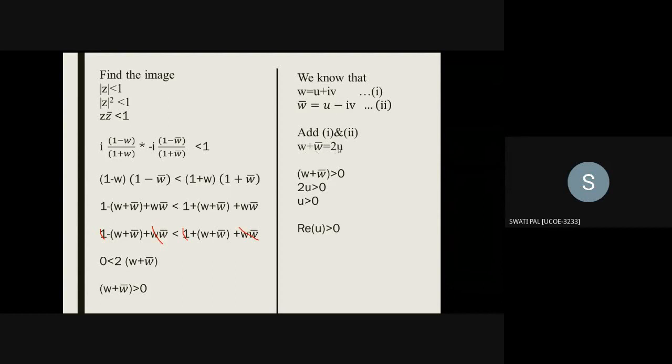Putting the value of w plus w bar in equation star, we get 2u is greater than 0, that is, u is greater than 0. That means the real part is greater than 0. So, from equation number 1, we found that the real part of w is u. So we can also say that the real part of w is greater than 0.